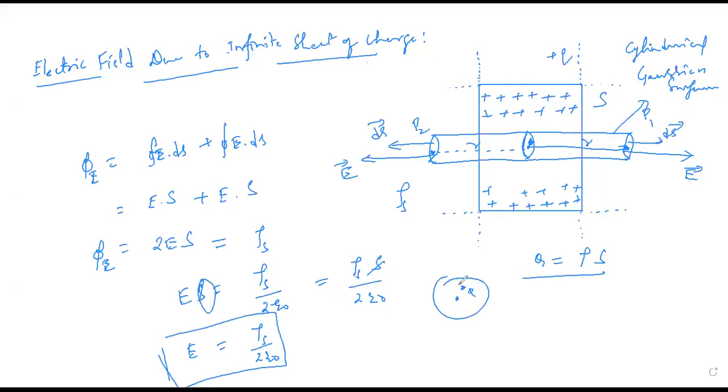And here we are taking a Gaussian surface, correct? So how will you write the total charge enclosed by this Gaussian surface? This should be written as the volume enclosed by it into the total charge per unit volume. Understood? Yes, sir. That is what I substituted there.